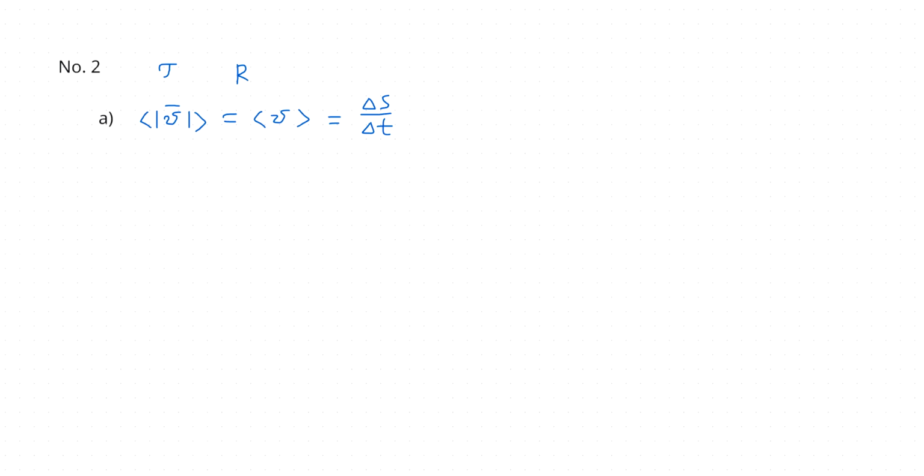And can we find these values in the numerator and denominator? Can we find delta s and delta t according to the condition of the exercise?